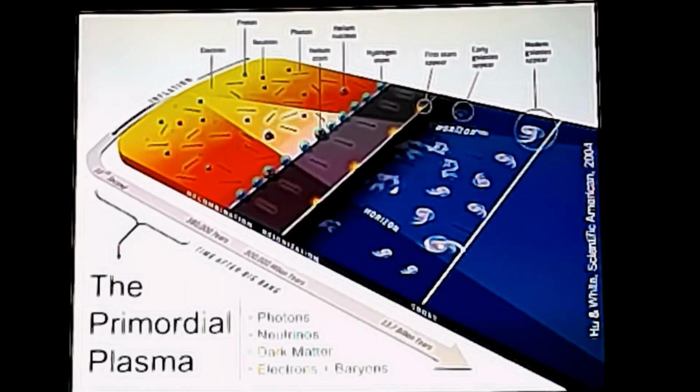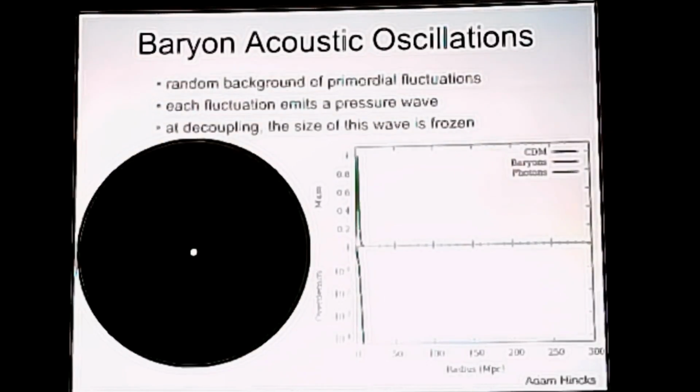And that means at time 1 second, there were already chunks of the universe that were a little bit more dense and a little bit less dense than other chunks of the universe, which means they had slightly higher pressure, slightly lower pressure. And the thing about a region of slightly higher pressure in a plasma is that when time runs, it emits a pressure wave. Pressures propagate. So this is what's known as the baryon acoustic oscillations.